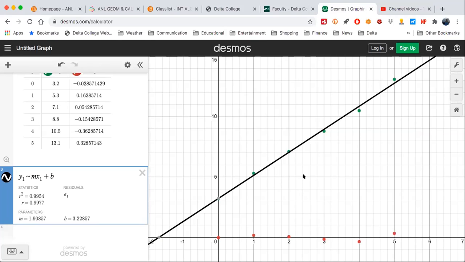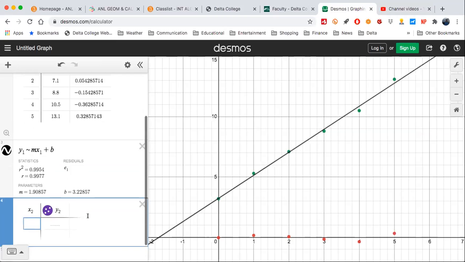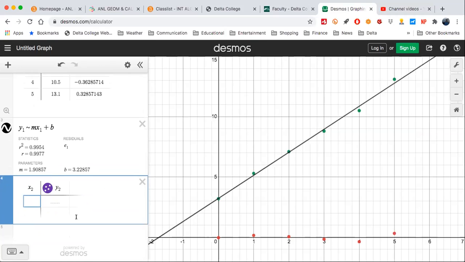So what I'm going to do is I'm going to put a table of values into Desmos, and I'm going to ask you to see if you've got Desmos, if you can come up with this best fit line. And I'm going to even do a few less than we had there. So we'll just insert a table, and notice they switched us to x2 and y2.